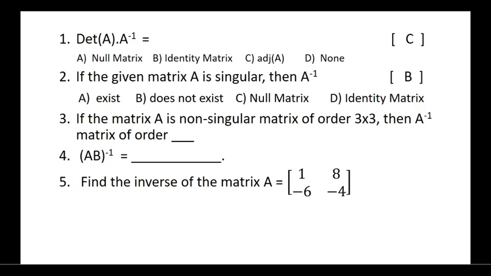After getting these two, A inverse equals the adjoint matrix divided by the determinant. So A inverse equals 1 divided by 44, where 44 is the determinant, into the adjoint matrix minus 4, minus 8, 6, 1. Like this, we find the inverse of given matrices.